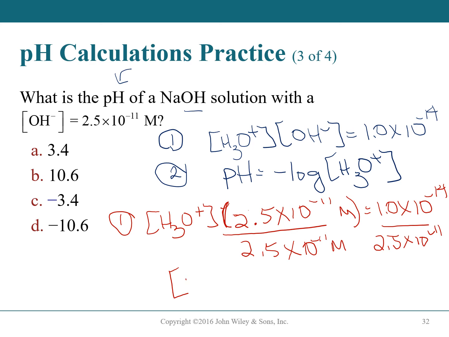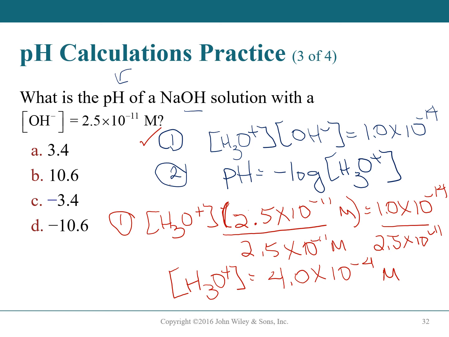And my hydronium ion will therefore be equal to 4.0 times 10 to the negative 4 molar. So we finished this one.